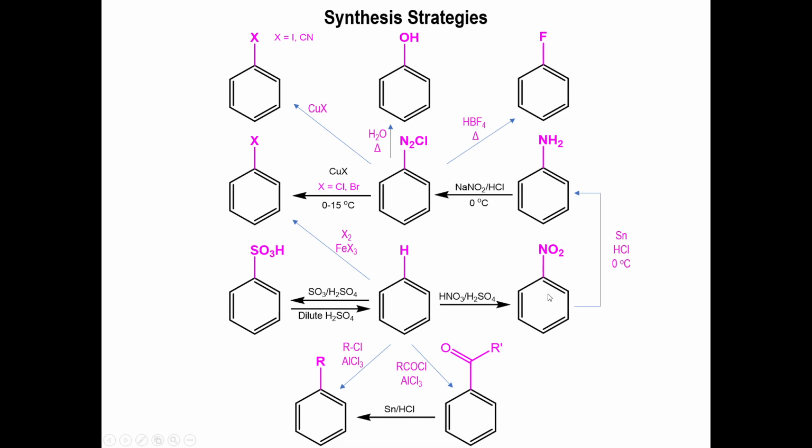And the nitro substituent is a strong electron withdrawing group as well, but it can be turned into a strong activating group if you reduce the nitro group with tin, HCl at low temperature. You could also do this with iron and HCl. They both basically do the same overall process. They turn the NO2 group into an NH2 group, and this is a strong activating group.